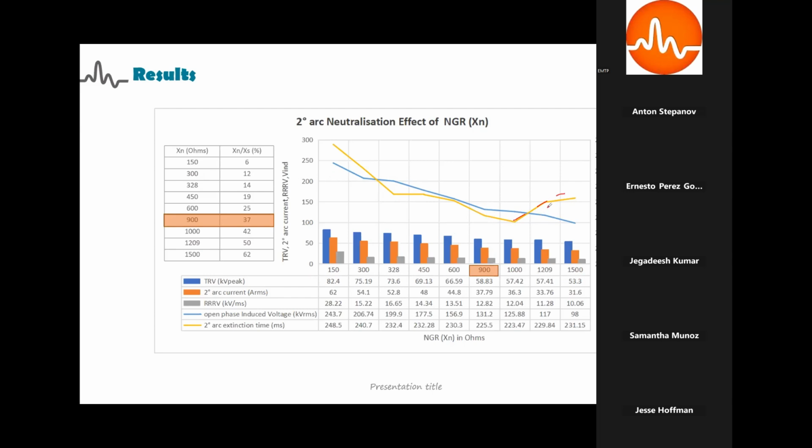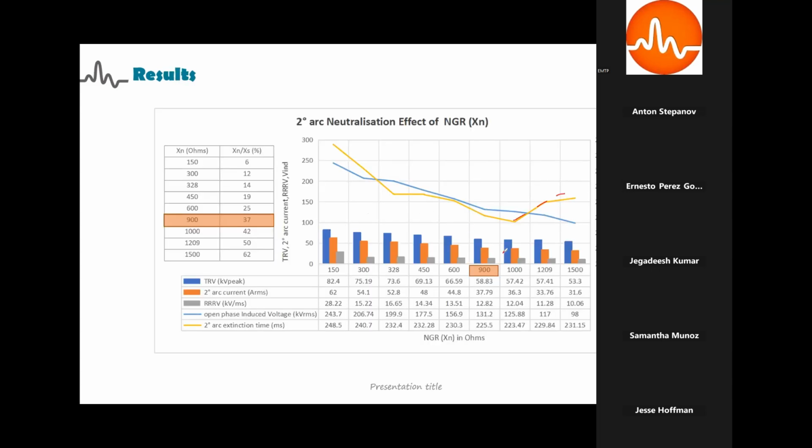That's another reason. Also, we cannot keep on increasing the value of the neutral reactor, because the higher the value, the higher the neutral voltage. It will lead to a requirement of higher insulation, so high cost. I think we'll also see that in a slide.